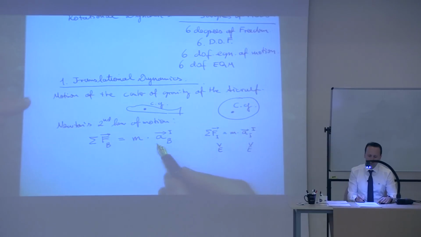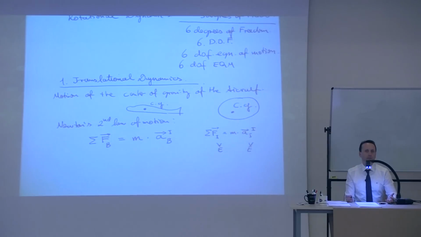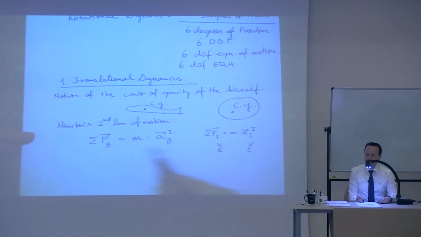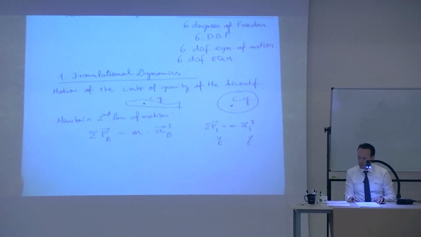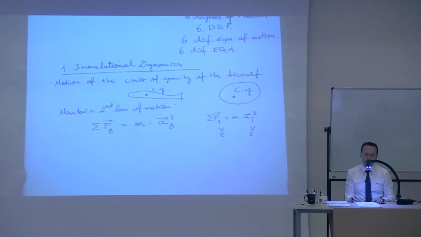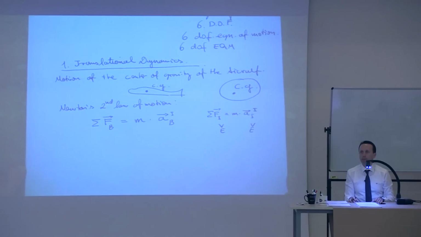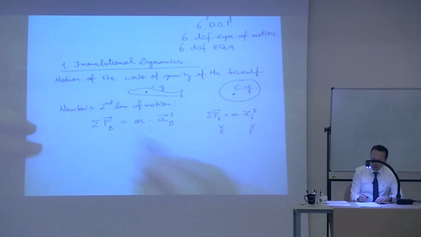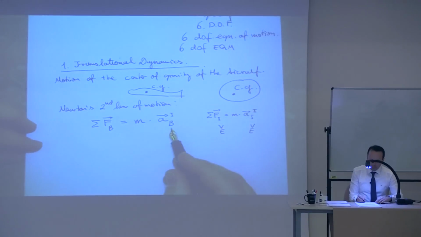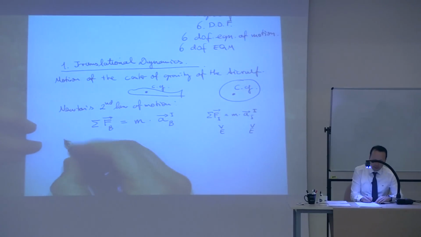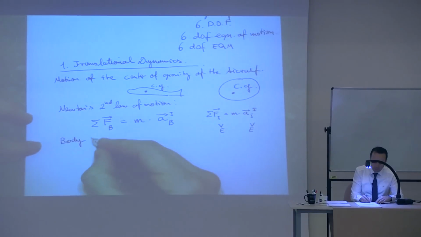As long as the observer is in the inertial frame, it doesn't matter which coordinate system you use. We would like to use the body fixed coordinate system for a specific reason, which you will find out later. Is that okay? All right. So we are writing everything in the body fixed coordinate system.